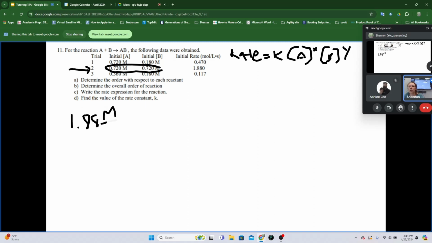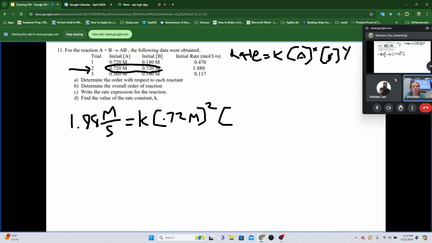My units are molarity per second when I do the rate equals k. My concentration of A for this trial that I've picked is 0.72 molar, and my order for this was 2, right? Yep. So that's what I determined in part A of this.